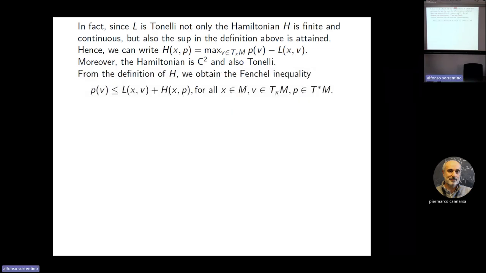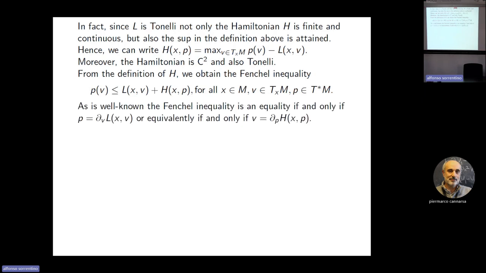From the definition of H, H(x, p) is the sup over all v of p(v) minus L(x, v). So we get this Fenchel inequality, and this inequality is an equality if and only if p is the partial derivative of L with respect to v at (x, v), or if v is the partial derivative of H with respect to p at (x, p).